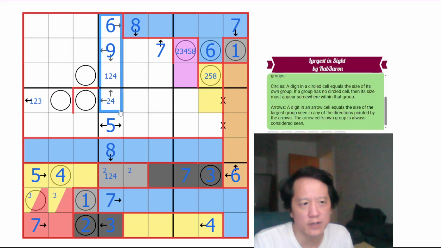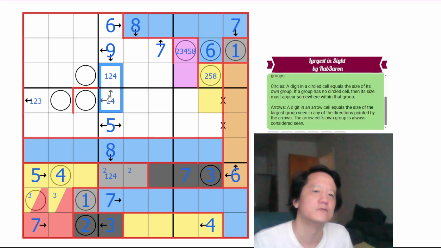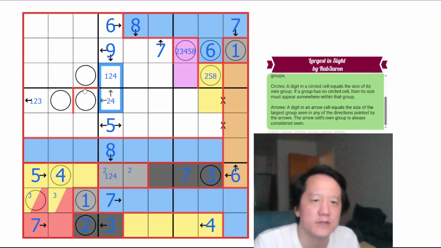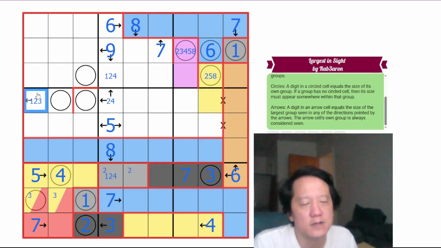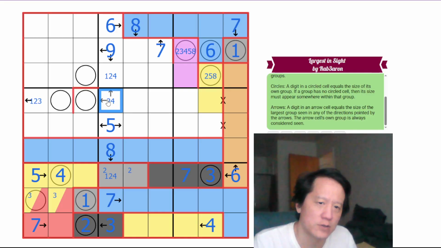2 doesn't make any sense. If we have 2, you have 1, 2, 1, 2, 1, 2. And then this would be size 1. I guess that could work with 2 there, 2 there, and then 2 here, right?